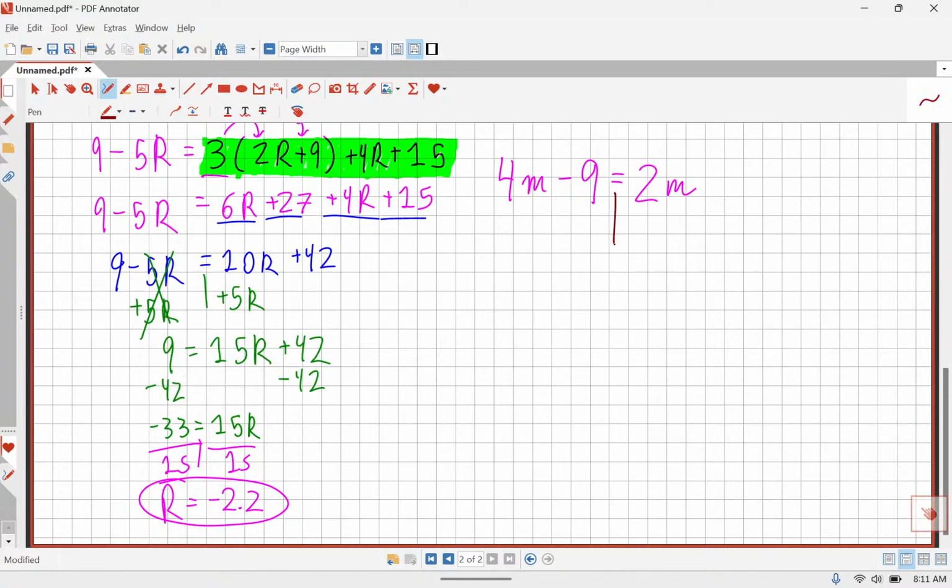Noah subtracted 4m here and subtracted 4m here. I know it looks weird with that 2m there, but the process remains the same. So negative 9 equals negative 2m. Noah, what would you do then? Perfect, which means that m equals 4.5.